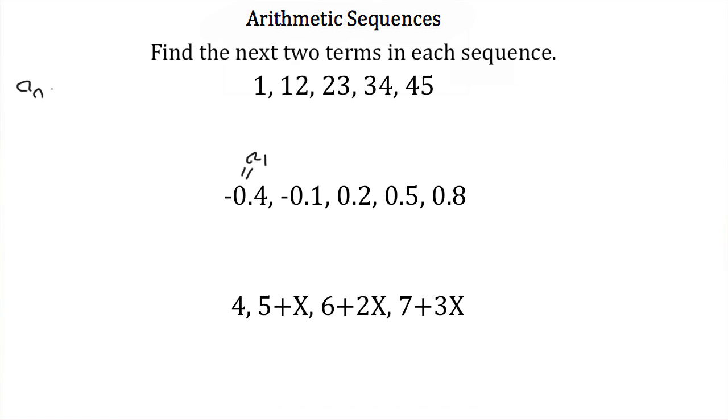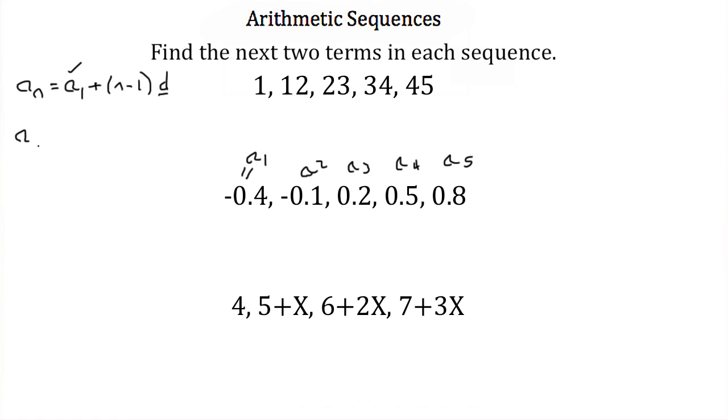A_n is equal to A1 plus n minus 1 times d. So we know our A1, and we know our A2, A3, A4, and A5. But we don't know our common difference, so it's the next thing we're going to solve for. Again, you can use any of the terms you know, A2 through 5. I like to use A2.